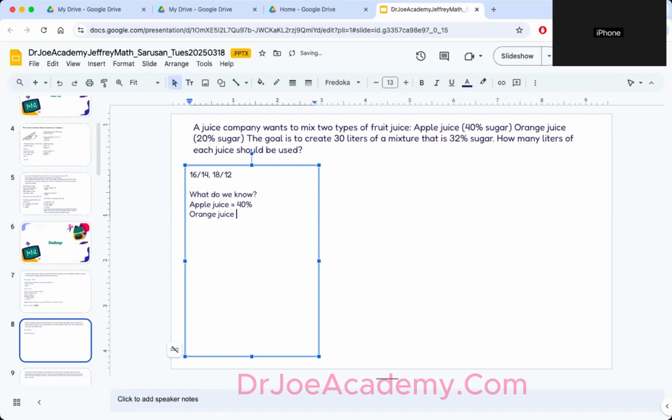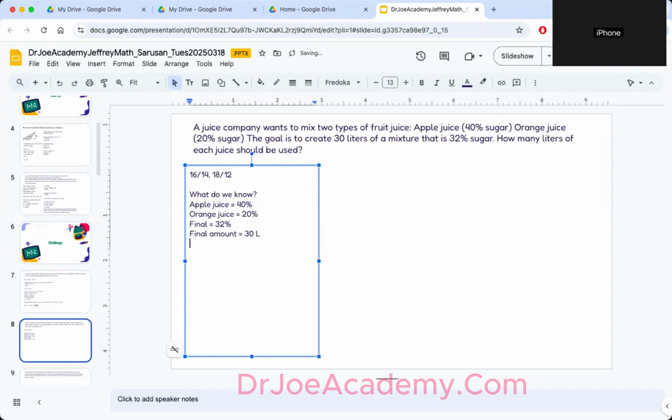Excellent. So orange juice is 20%. Final should be 32%, and final amounts should be 30 liters.